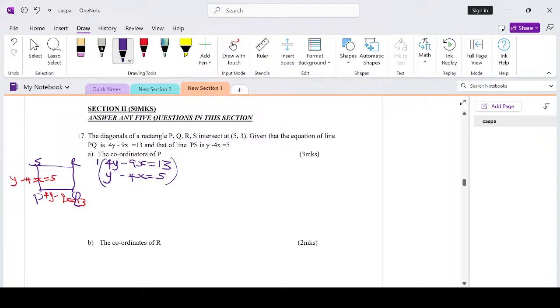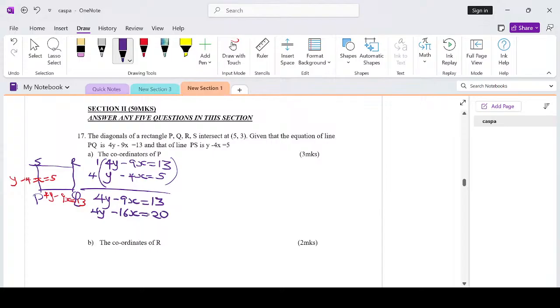I multiply the first equation by 1 and the second by 4 to make the y values the same. So the first is 4y minus 9x equals 13, and the next is 4y minus 16x equals 20.